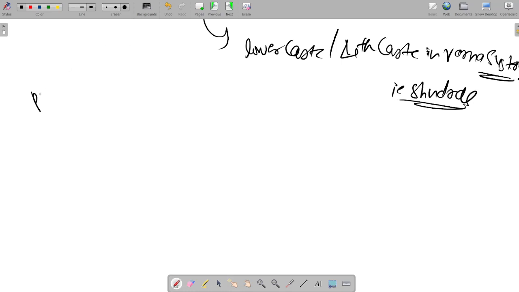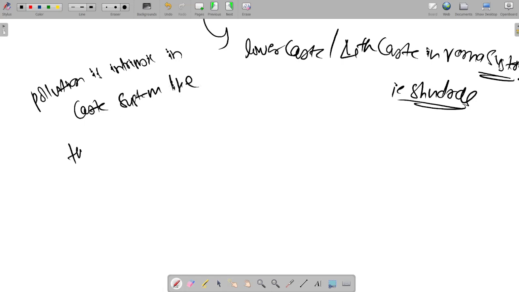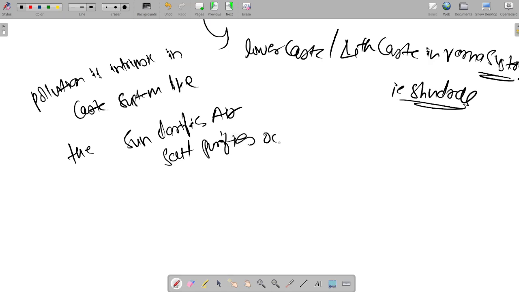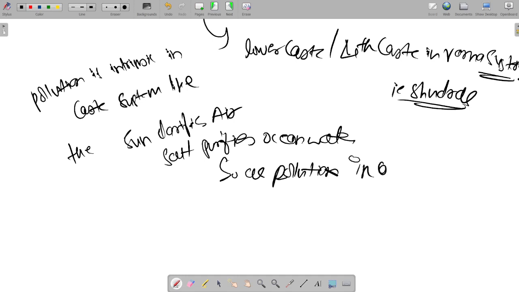He said the pollution is intrinsic in caste system, like the sun clarifies air, salt purifies ocean water, so pollution in caste is intrinsic to existence.